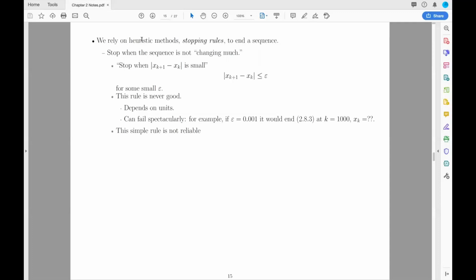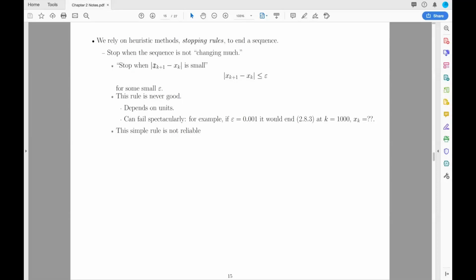Now, here's a favorite one of economists. Stop when the sequence is not changing much. So stop when the difference between the last two guesses is small, for some small epsilon. Now, this is never a good idea.